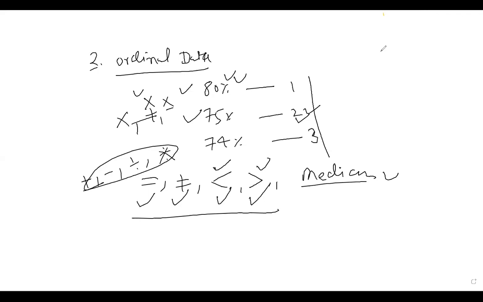It's a simple ranking. We cannot say how much. We cannot use plus, minus, multiplication. We cannot say the first rank holder, the Miss India, is 2 times more beautiful than the second or third. So in this type of questions we use the greater than and less than property, and we use median.